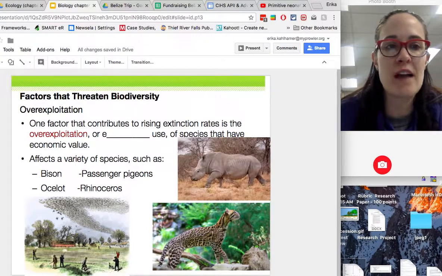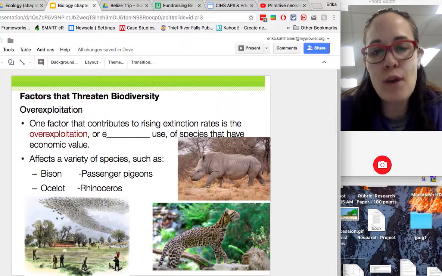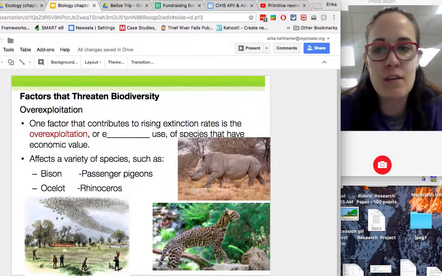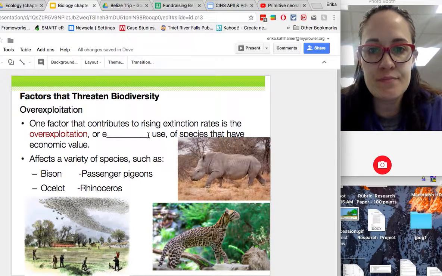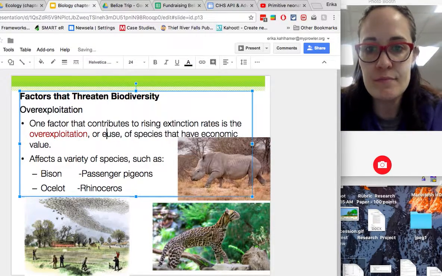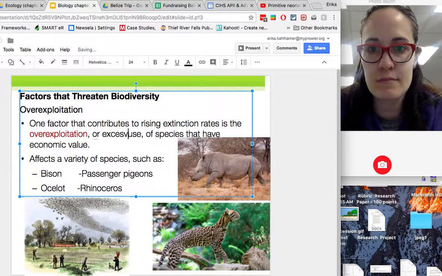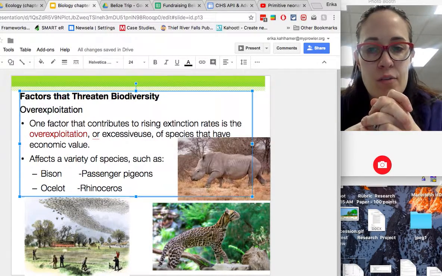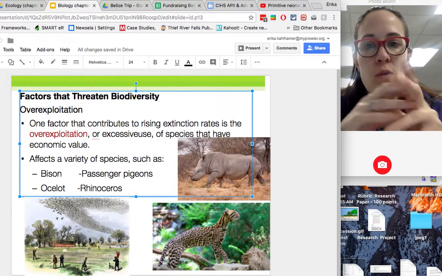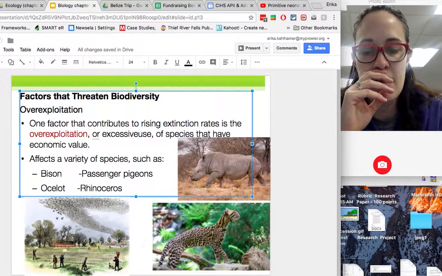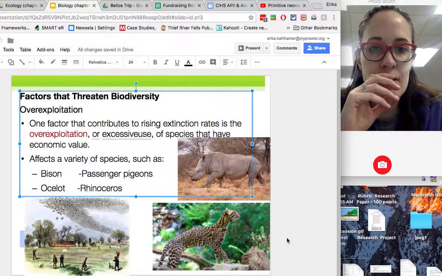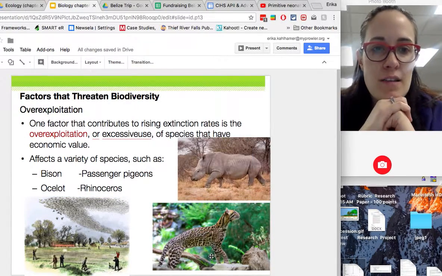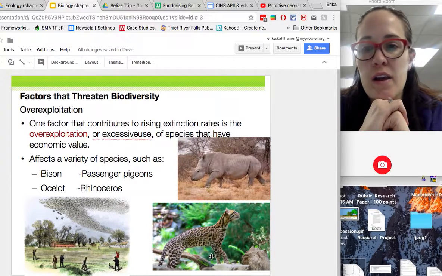So what is threatening these natural resources? What are some factors that threaten that? One is called overexploitation, or the excessive use of a species that has economic value. Here are some images of a white rhinoceros, and this is an ocelot; if you go on our Belize trip, we'll see ocelots in Central America.